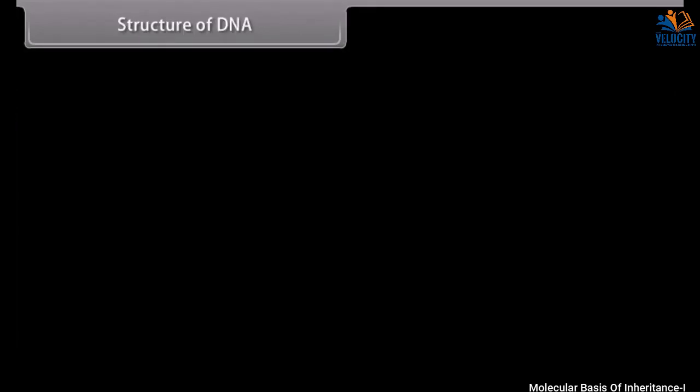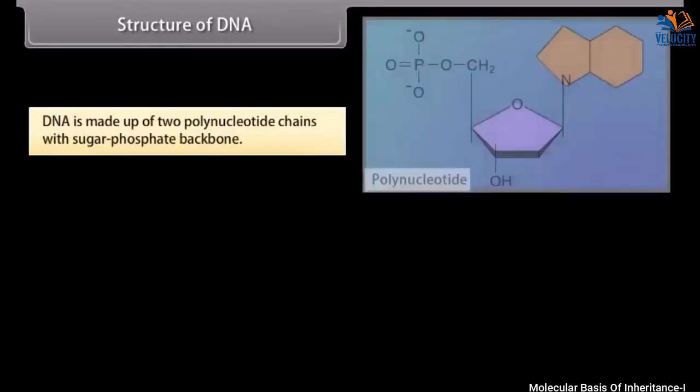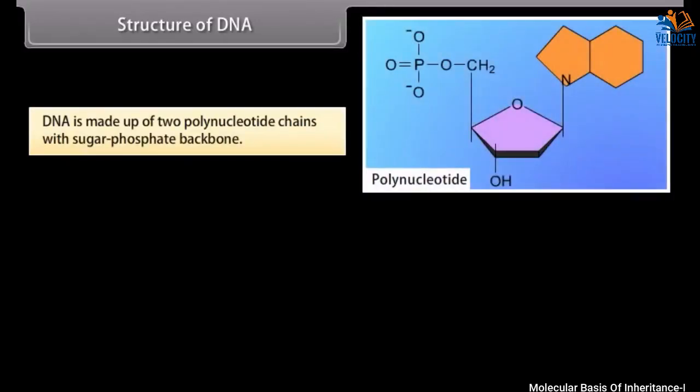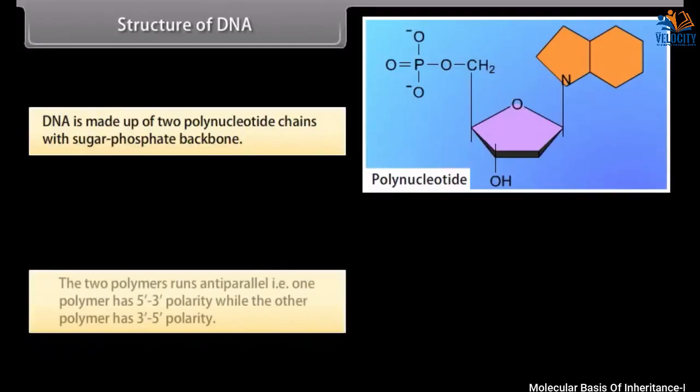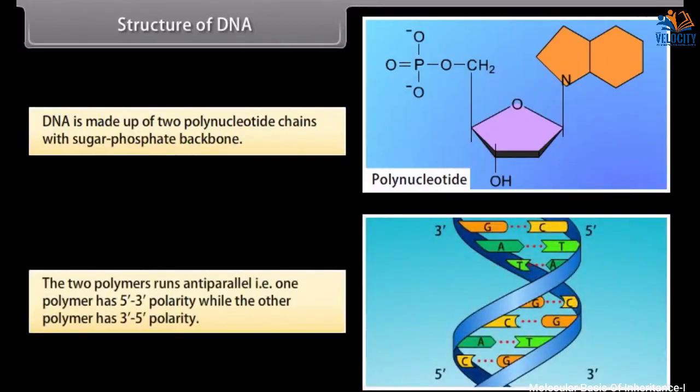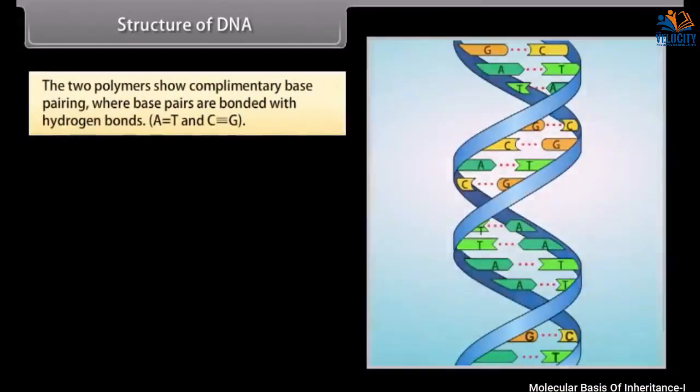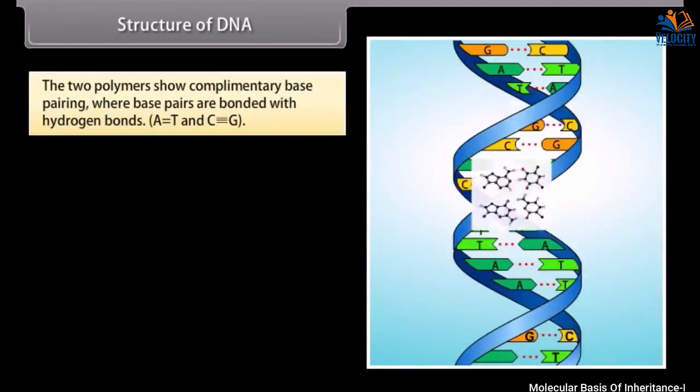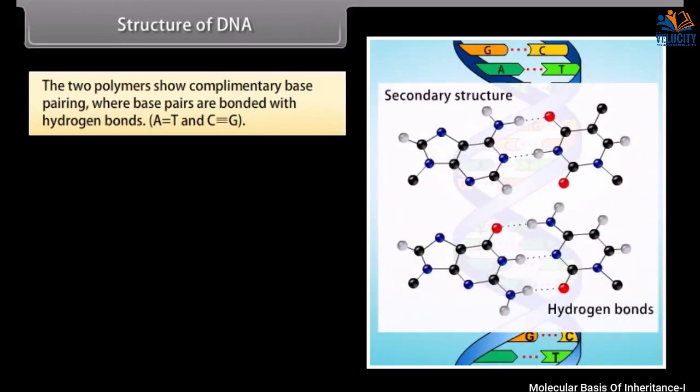Structure of DNA. DNA is made up of 2 polynucleotide chains with sugar-phosphate backbone. The 2 polymers run antiparallel, that is, one polymer has 5' to 3' polarity, while the other polymer has 3' to 5' polarity. The 2 polymers show complementary base pairing, where base pairs are bonded with hydrogen bonds.